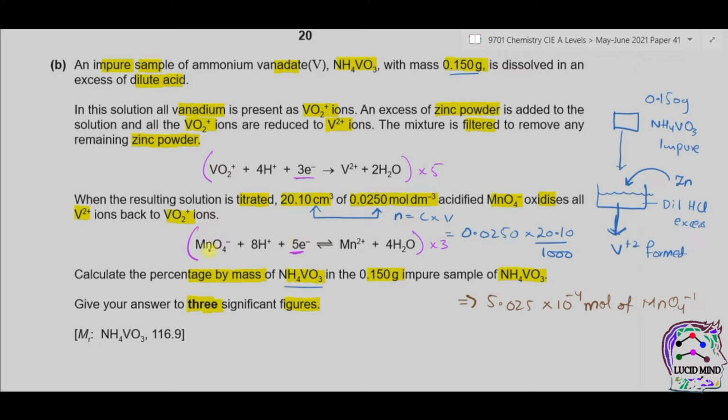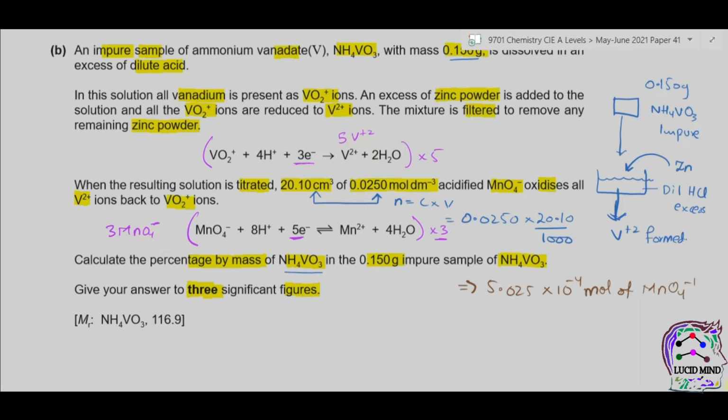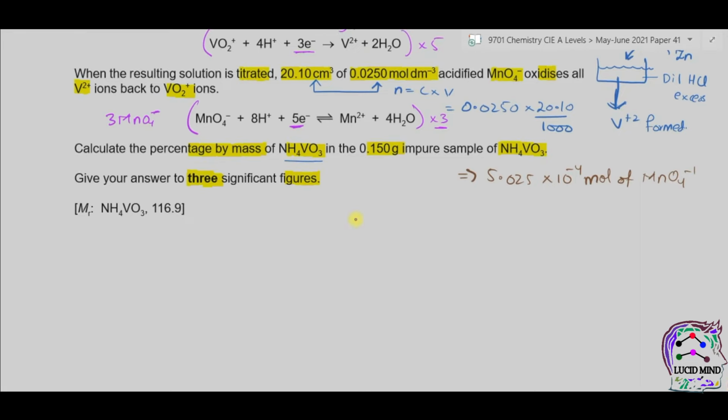Now with MnO4- there comes a 3, so we have 3 MnO4-, and with V2+ there comes a 5. So it means 3 moles of MnO4- can react with 5 moles of V2+. According to the balanced equation, 3 moles of MnO4- require 5 moles of V2+.